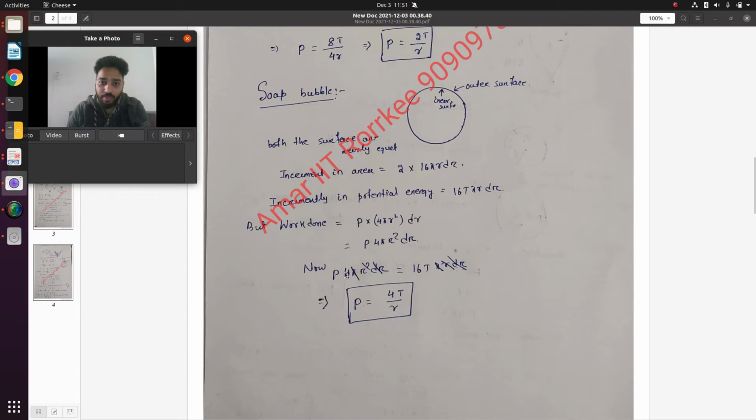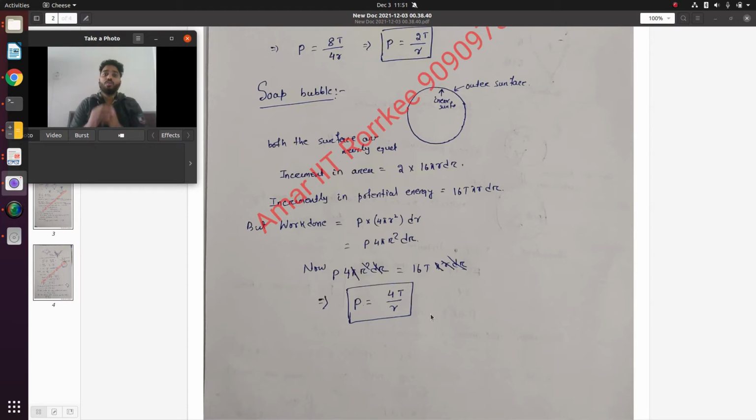On the left side P into 4 is remaining, and on the right side 16 into T is remaining. So the relation between excess pressure and surface tension is pressure is equal to 4 T by r.